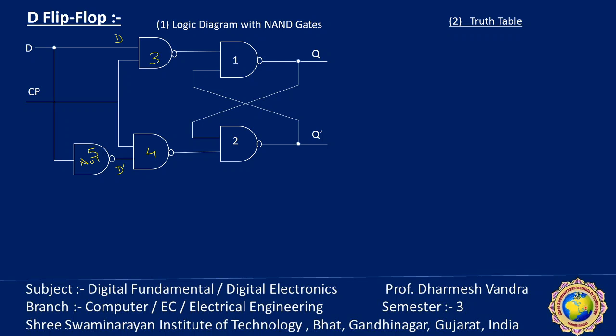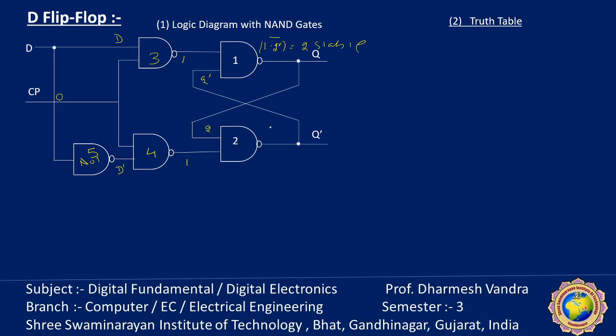As long as the clock pulse input is 0, gates number 3 and 4 have 1 as their output. As the clock pulse is 0, when any one input is 0, the NAND result is always 1. So this will become Q dash and this is Q. So 1 NAND Q dash, whole bar, is always Q. So Q remains stable.